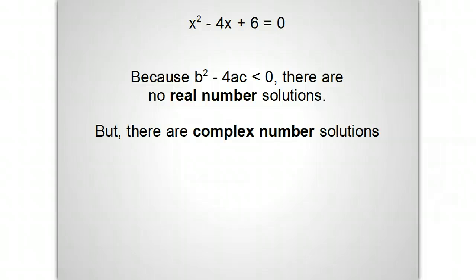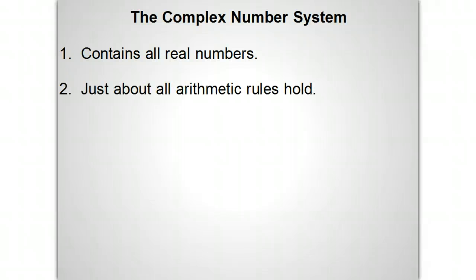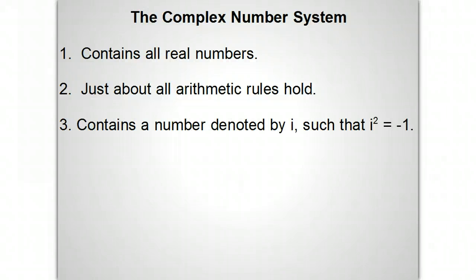So the complex number system is kind of built in the following way. We want it to contain all the real numbers we're already familiar with. We want all the operations that held before to hold again, and all the rules. So we want the commutative property, the associative property, all our operations in arithmetic, addition, subtraction, multiplication, and division to work the same way with these complex numbers.